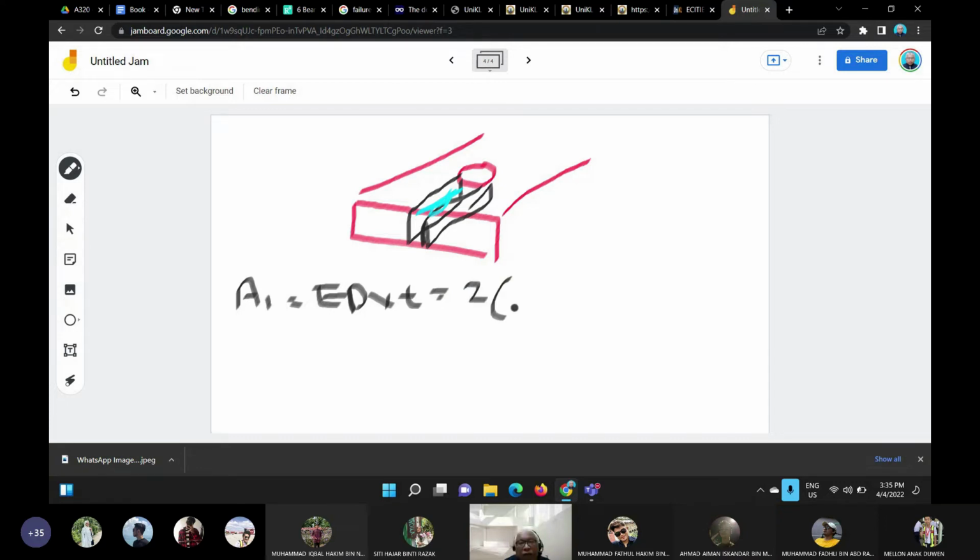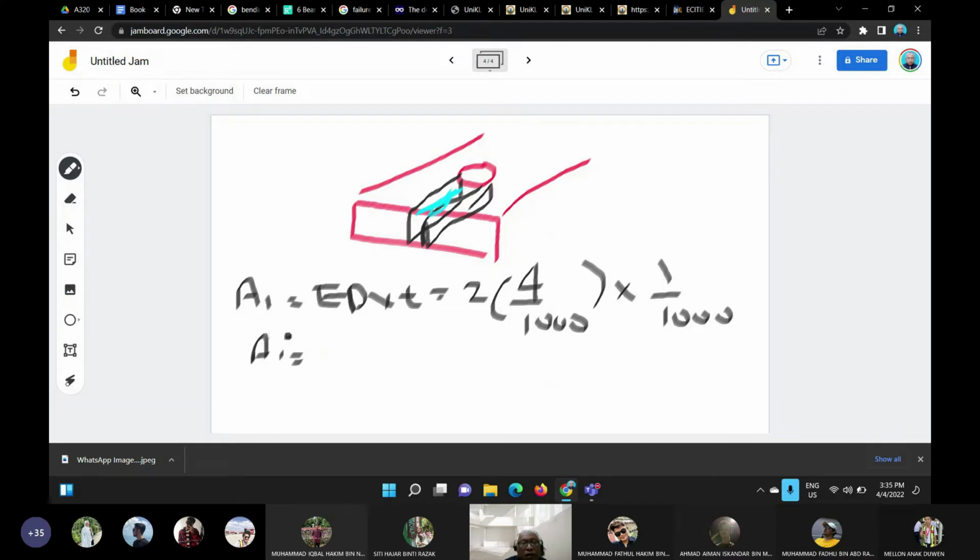If the rivet is 4 mm, 2 times 4 over 1000, times 1 over 1000. So what's the value? 4 over 1000 times 2 times 1 over 1000.